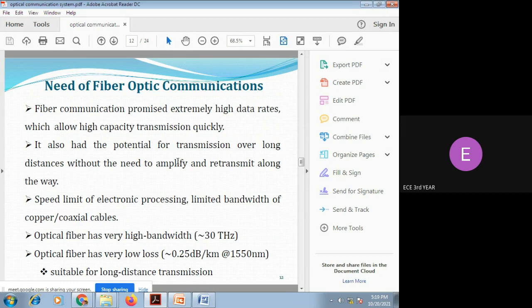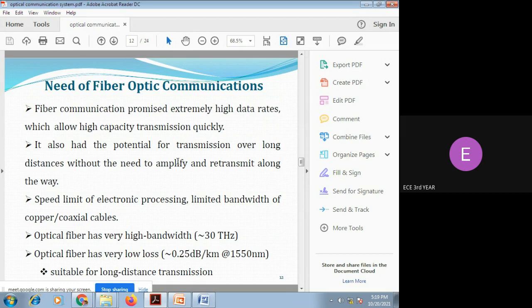So next is why we are going for optical communication. What is the use? We are going to see now. So, the need for fiber optic communication. Fiber optic communication offers high data rates, that is high speed of operation, which allows high capacity transmission quickly. That is transmitting signals over long distances with high data rate.